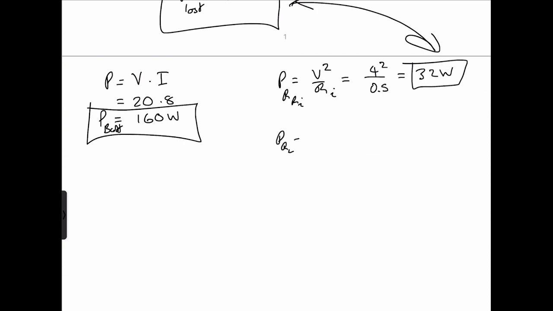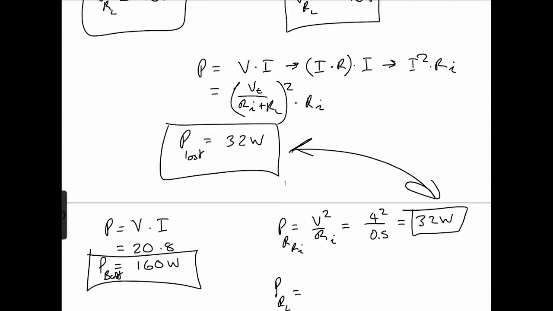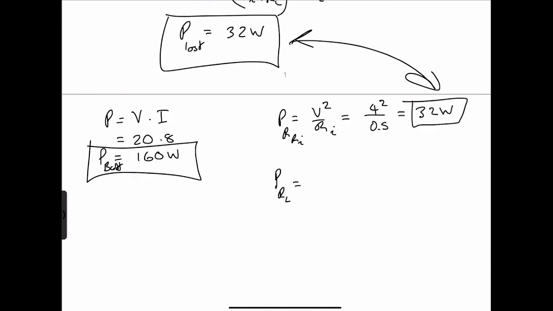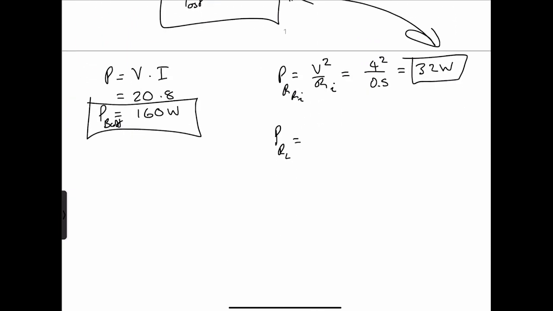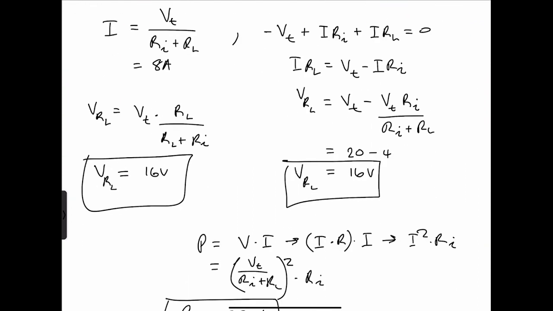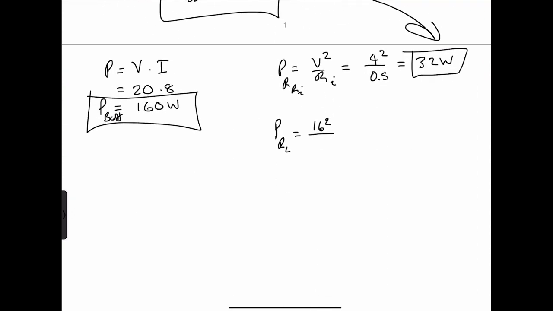That would be P_RL, and I think that was 16 volts across the load resistor. So that's 16 squared divided by 2 ohms, which gives 128 watts.